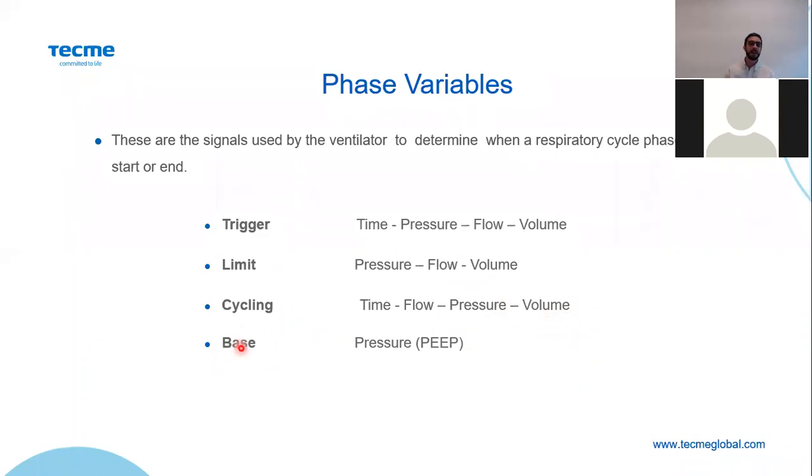And then we have the base variable, and in this case it's a pressure, the positive end-expiratory pressure. So this is the variable which remains constant during all the expiratory time.